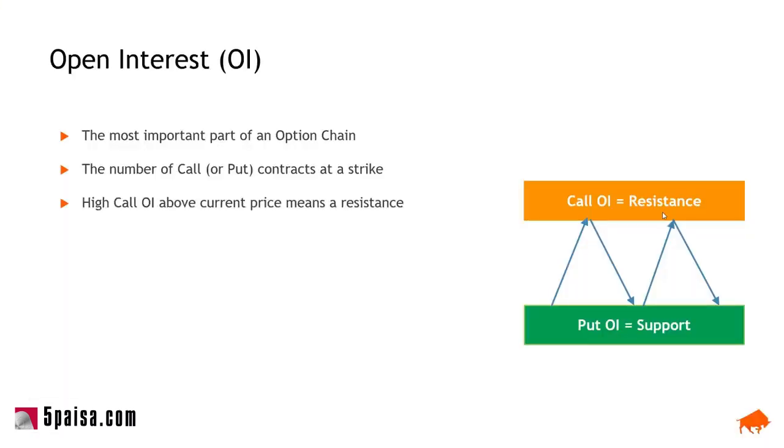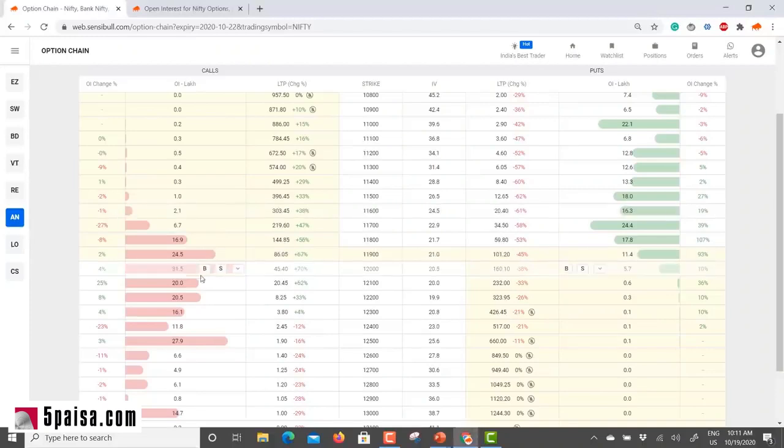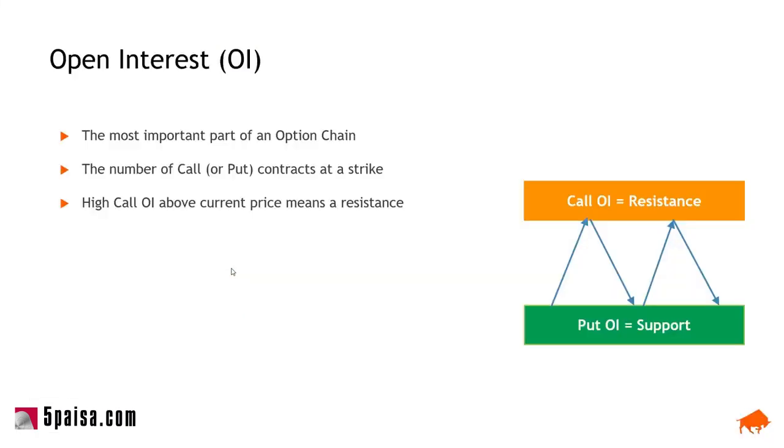So if I ask you the question, what is the OI of 12,000 call, you'll say that it's 31.5 lakh contracts, right?